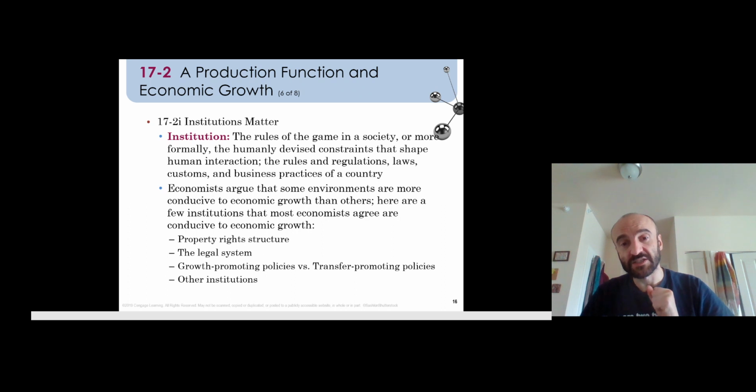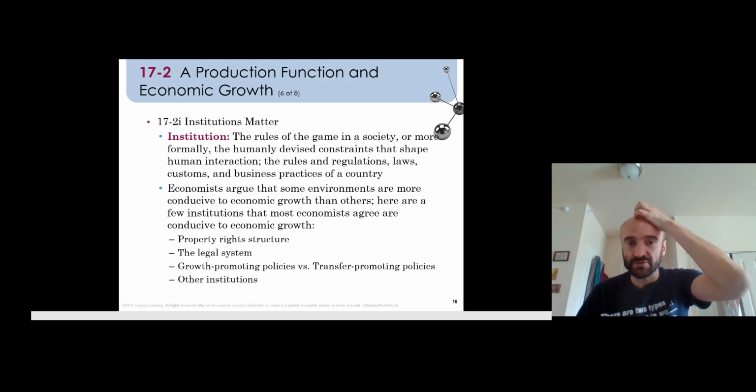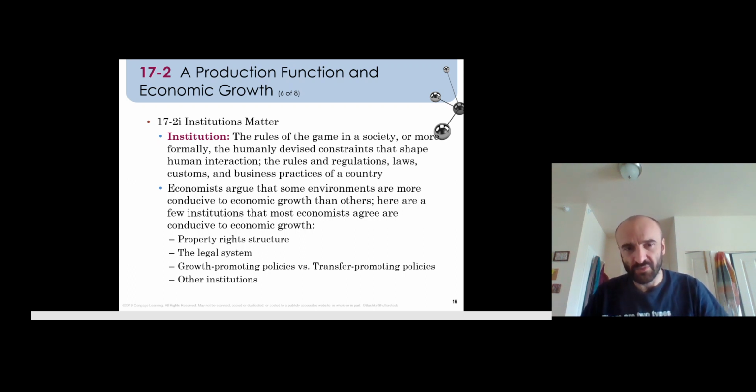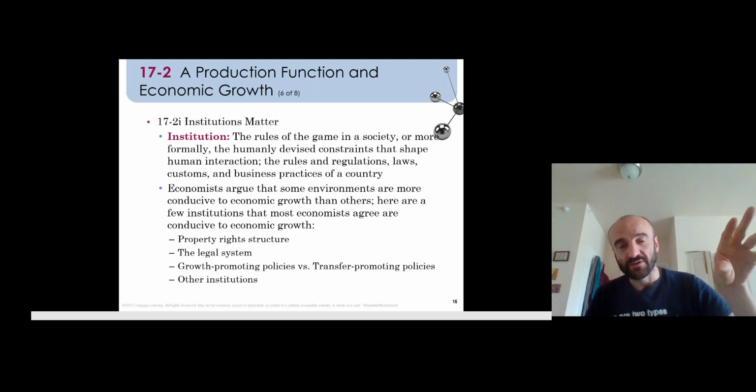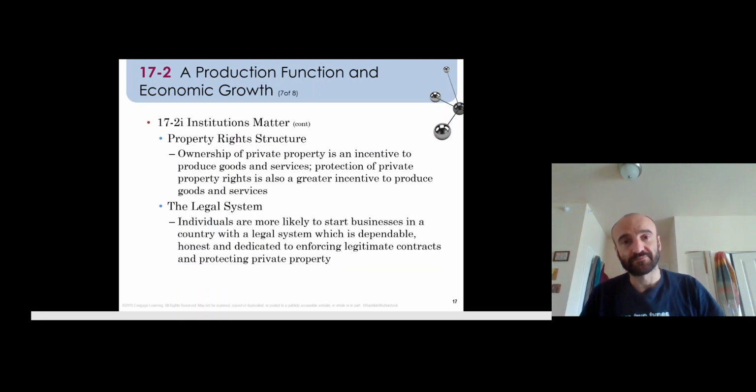So: legal system, private property rights, contract enforcement, bankruptcy rules, the absence of corruption, but also growth promoting policies, which means what we can call economic freedom. What does that mean? That means low regulations, low taxes, and a relatively manageable extent of government spending.